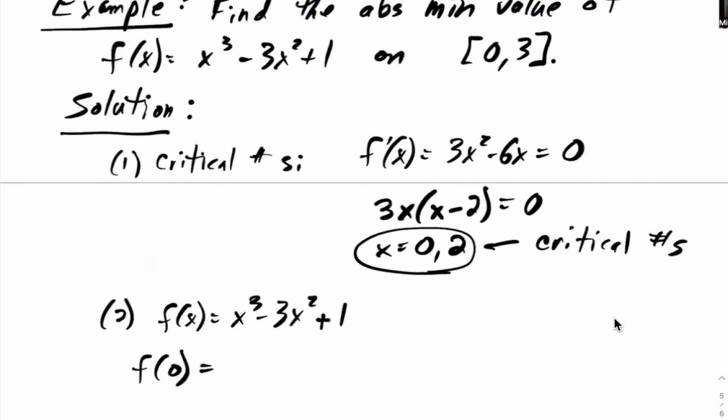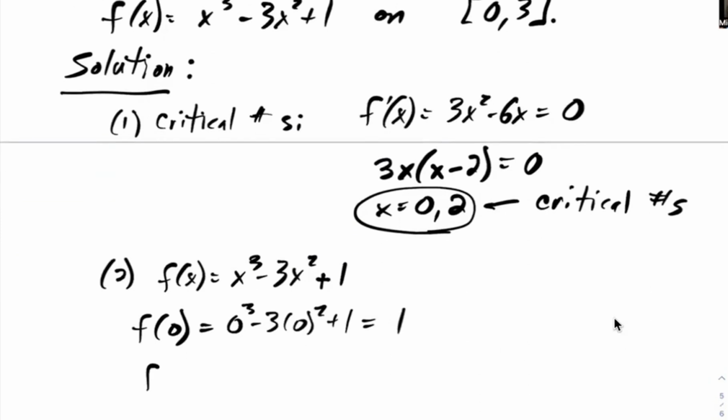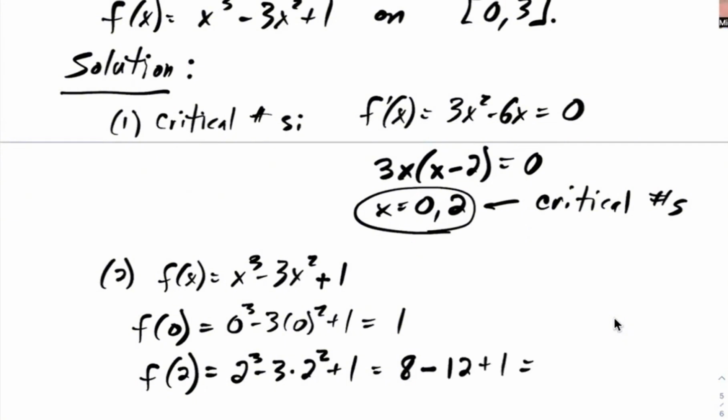Putting 0 in, I get 0 cubed minus 3 times 0 squared plus 1, which equals 1. Then f of 2 is 2 cubed minus 3 times 2 squared plus 1. That's 8 minus, 2 squared is 4, 3 times 4 is 12, so minus 12 plus 1, which is negative 3.